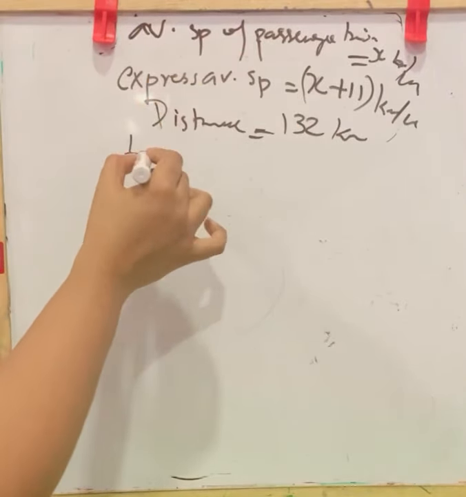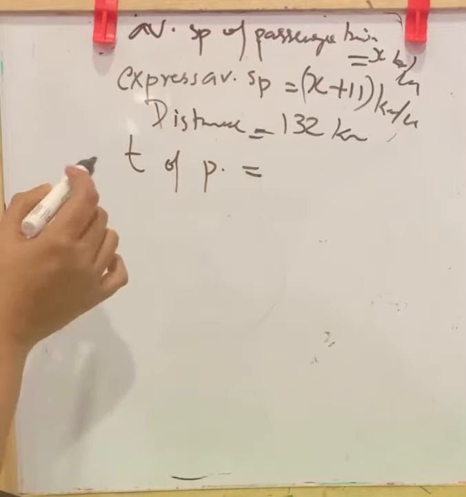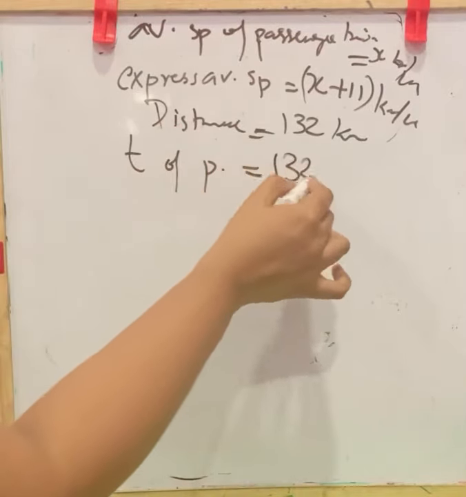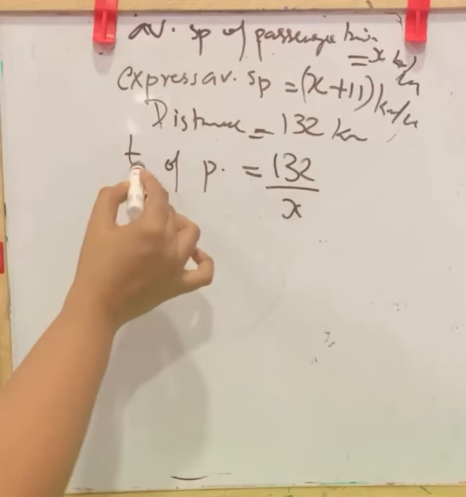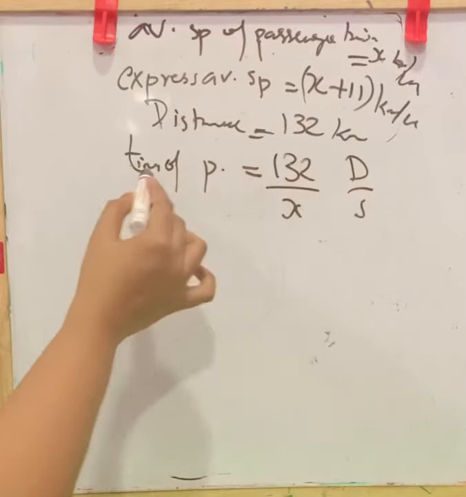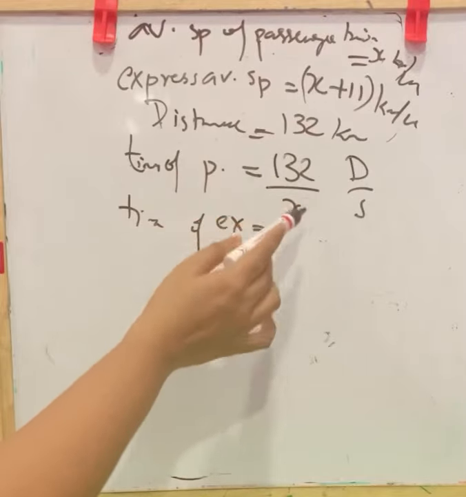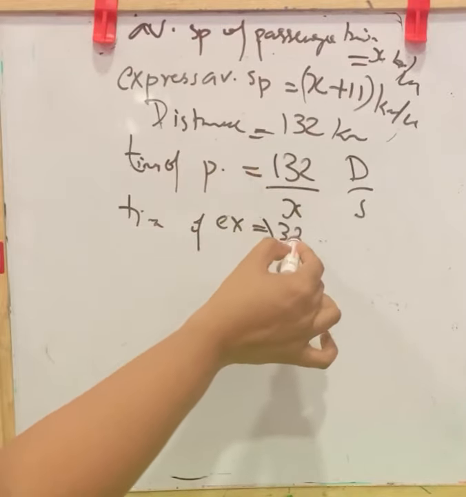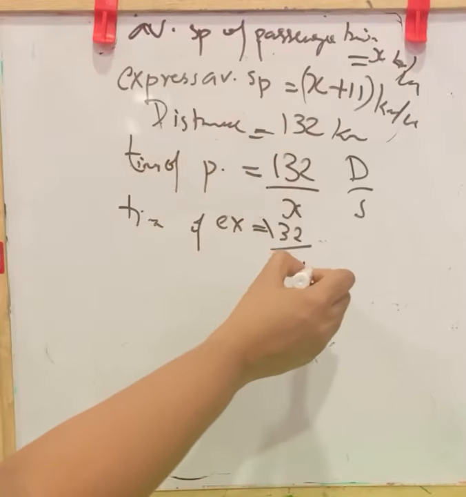That is, time of passenger train will be, distance is 132, so 132 by speed of passenger train x, that is time equal to distance by speed. Now time of express train will be again same distance and speed of express train is x plus 11.